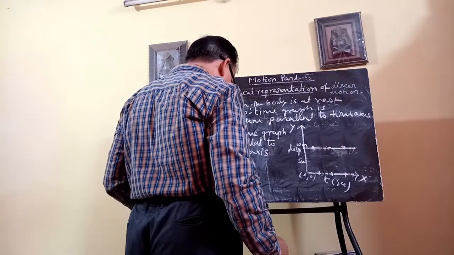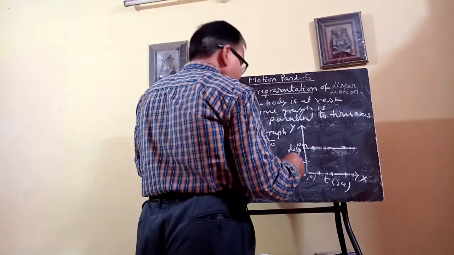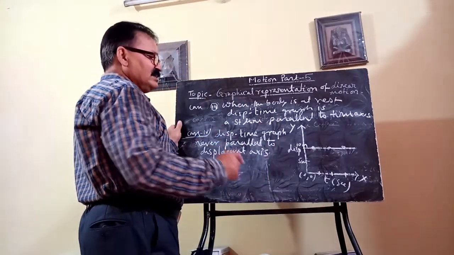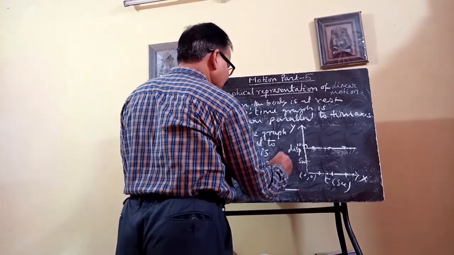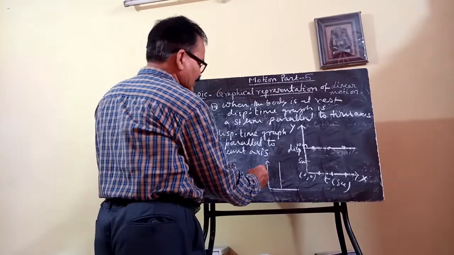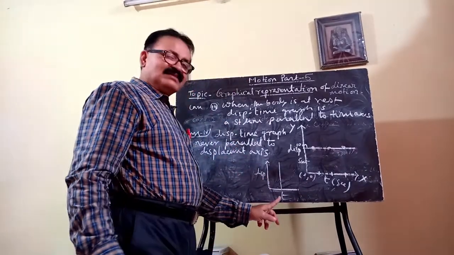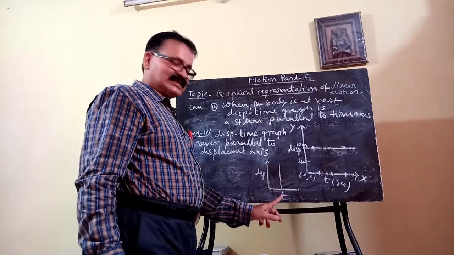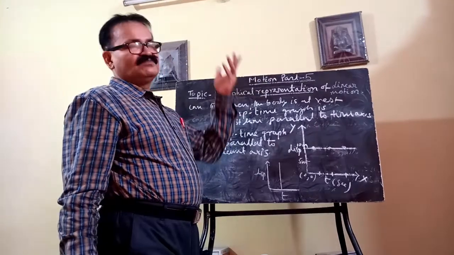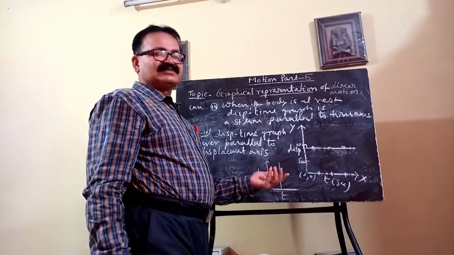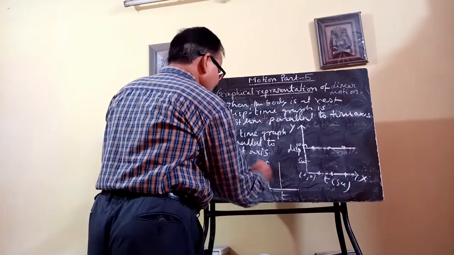What does it mean? If the displacement time graph is parallel to your displacement axis, that means time remains the same and the body displaces. The body changes its position instantly. Is it possible? It is not at all possible. So this case is not possible.